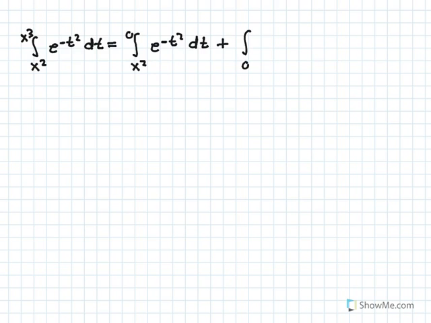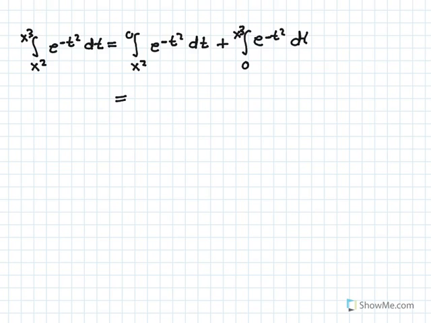All right, let's solve this. So what we have is the integral from x squared to x cubed, e to the minus t squared dt. That's split up: x squared to 0, e to the minus t squared dt, plus the integral from 0 to x cubed, e to the minus t squared dt.